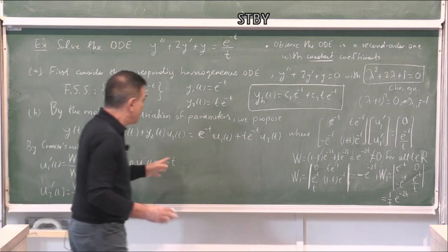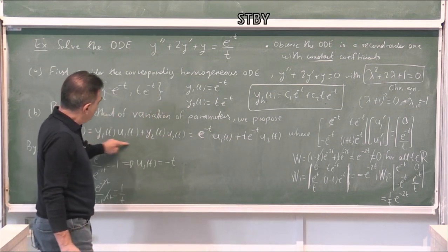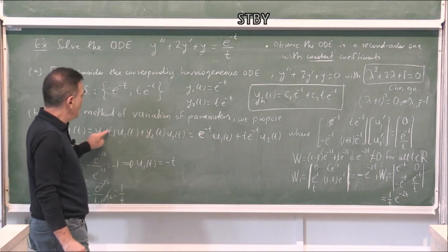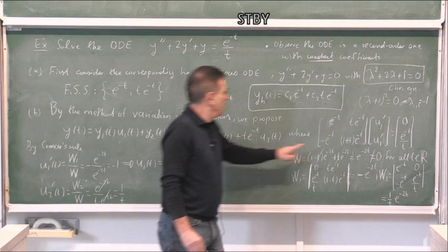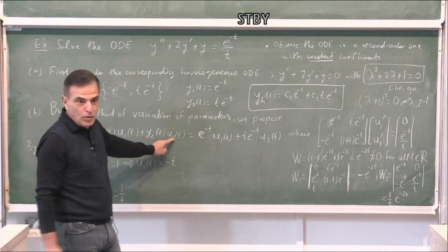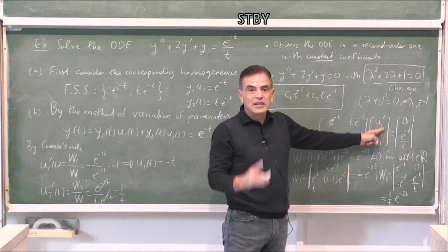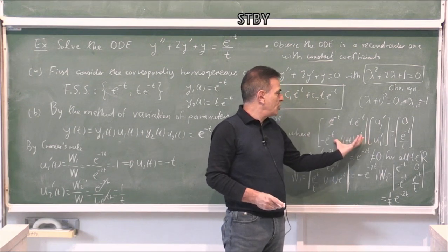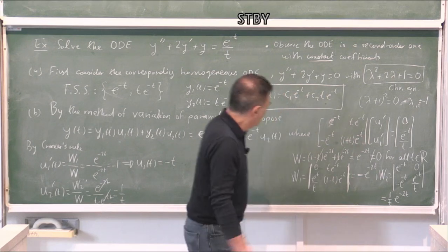I just know that we have to propose a particular solution of this type, in which y1 and y2 are known. And we have to determine u1 and u2, but we have a system to determine first their derivatives. And this system is a system whose coefficient matrix is nothing but a fundamental matrix. Okay?